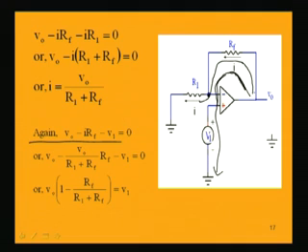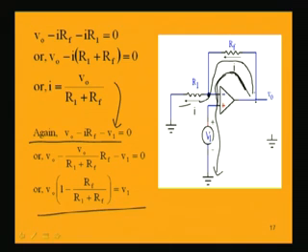We have two expressions, one for this loop, one for this loop. From the second loop we get the expression for V naught. If we simplify, V naught minus, now replacing I from the earlier expression, I equal to V naught by (R1 plus Rf) into Rf, minus V1 equal to 0. Taking V naught common, V naught into (1 minus Rf by (R1 plus Rf)) equal to V1, transferring V1 to the right side.